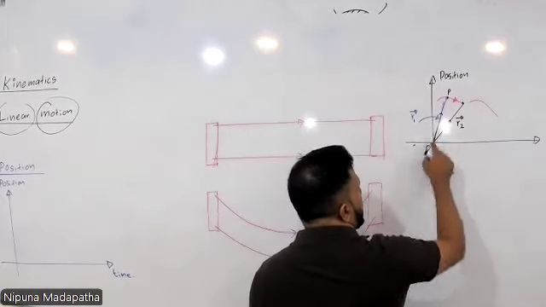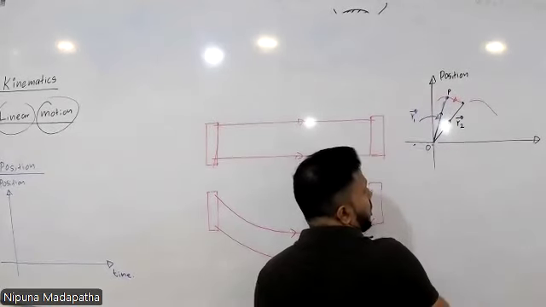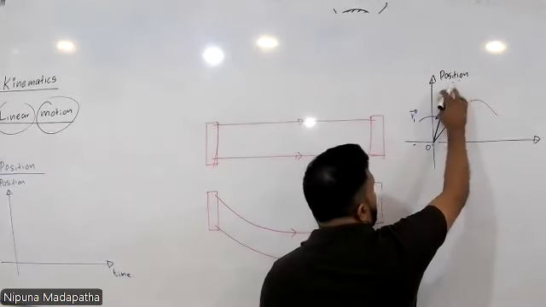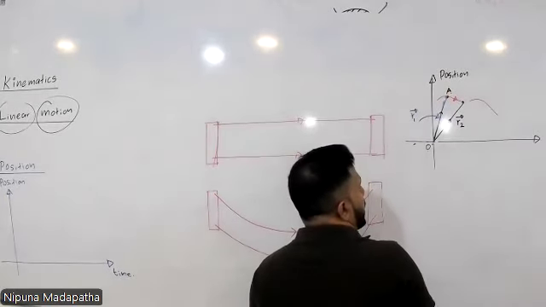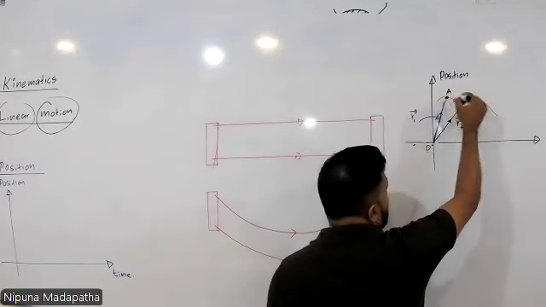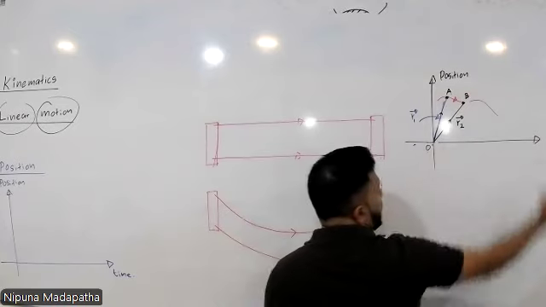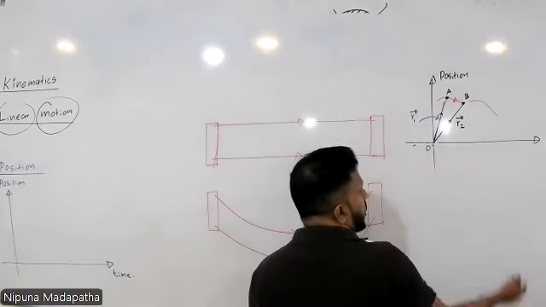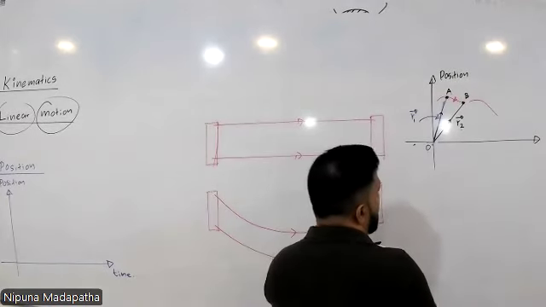Make the position vector of the particle, vector OA. After a while, the object has come to this place, point B. So now the position vector is R2 of the object.